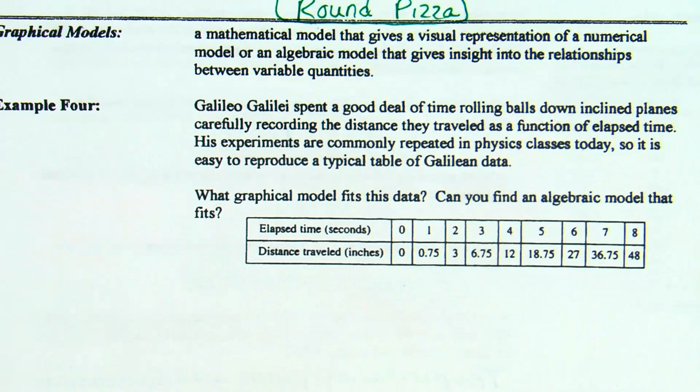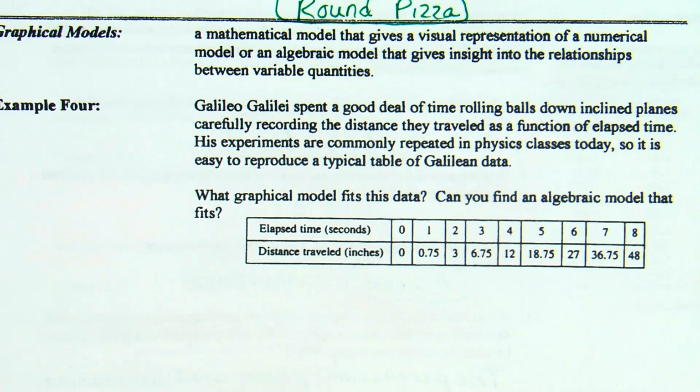Okay, so graphical models. Obviously, can I say obviously? A graphical model is looking at a graph, right? A mathematical model gives a visual representation of a numerical model or an algebraic model that gives insight into the relationships between variable quantities. Okay?